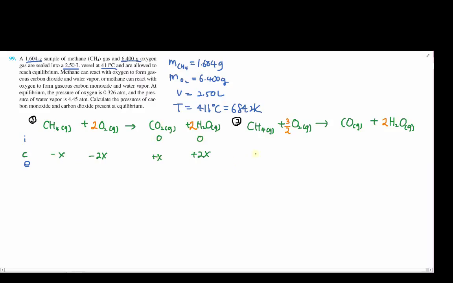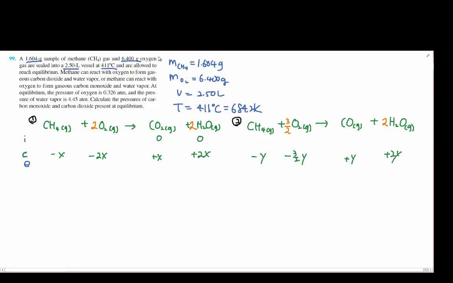And then for our second equation, since it's a separate equation, I'm going to use a different variable. I'm going to use y, so minus y and minus 3 over 2 y, and plus y and plus 2y. Okay. And then the equilibrium is the addition of the initial and the change.